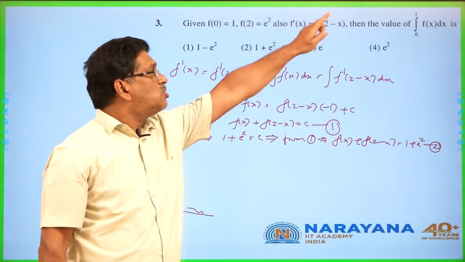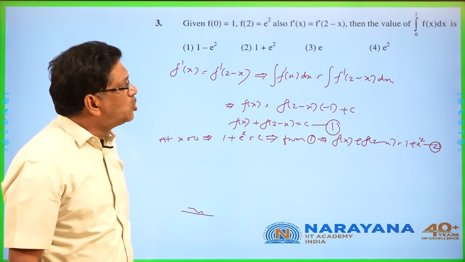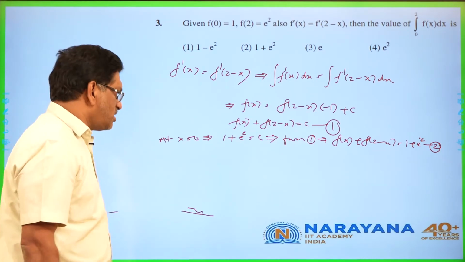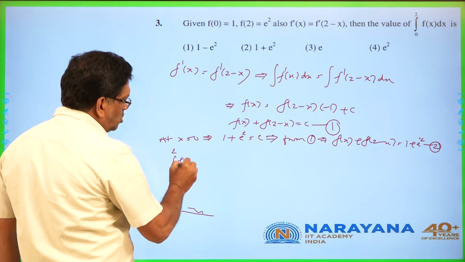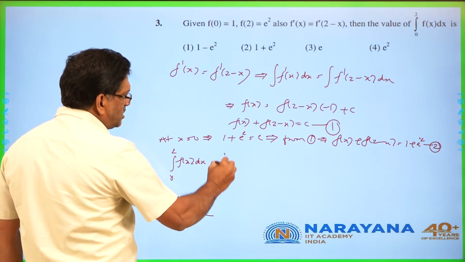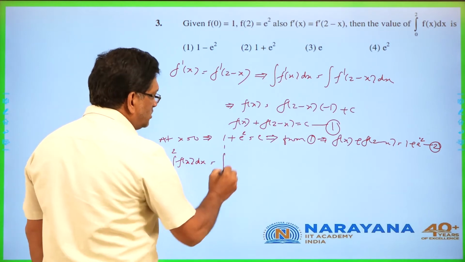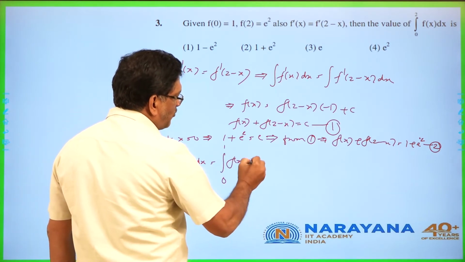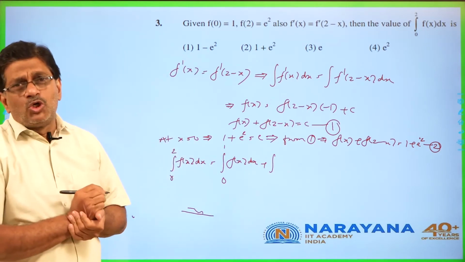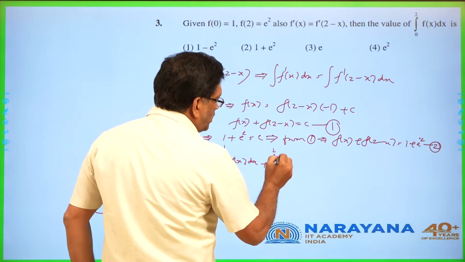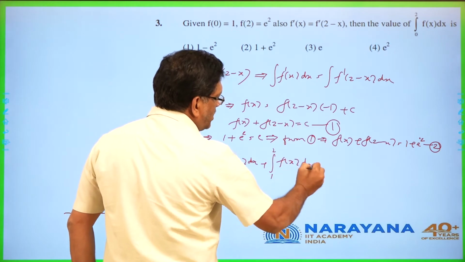Right? Now we are going to find integration 0 to 2 f of x dx. Let us split it: 0 to 1 f of x dx plus 1 to 2 f of x dx.